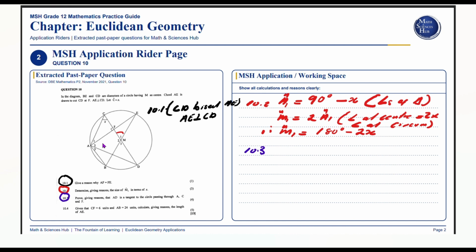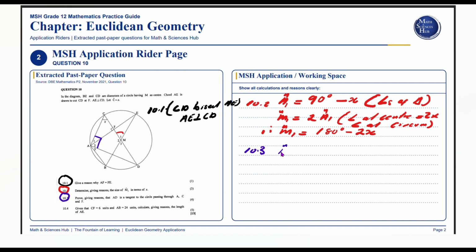If you look at this whole angle A here, it equals 90 degrees, because it's an angle in a semicircle. We know that CD is a diameter, so the angle subtended by a diameter is 90 degrees. That is the angle in a semicircle.